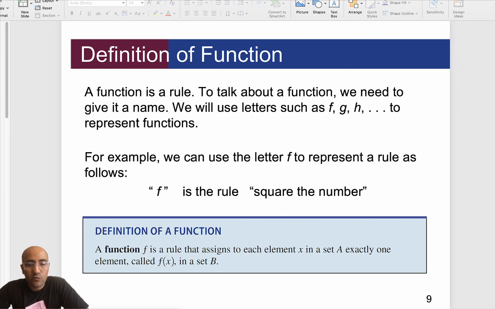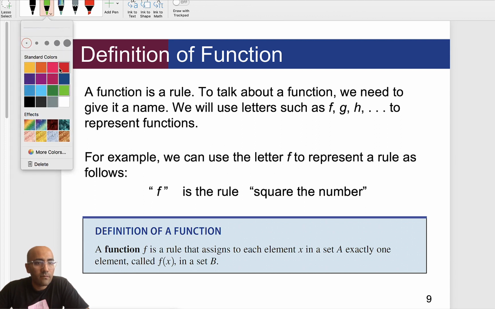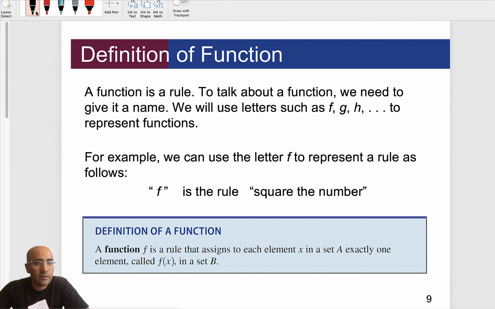So a function is a rule that assigns to each element x in a set A exactly one element called f of x in a set B. So let's explore this for a little bit. We are used to working with something like this, right?